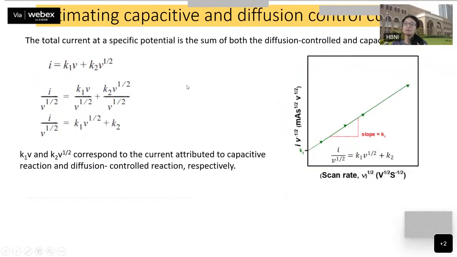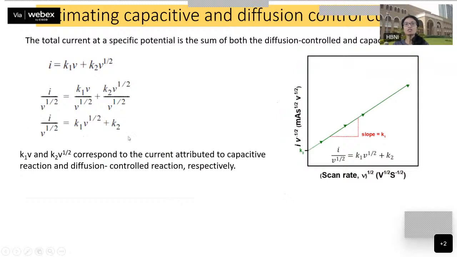So now how do you estimate? When you have an electrode material, you have to find out how much of the current you are seeing is coming from capacitive control and how much is coming from diffusion. For that, you have this particular equation. As I said, one of them is directly proportional to nu and the other is proportional to the square root of nu. So again, I is equal to K1 nu plus K2 nu to the power half, taking constants K1 and K2.